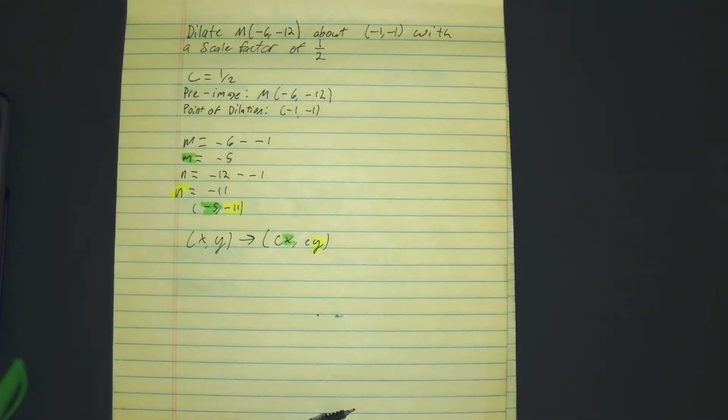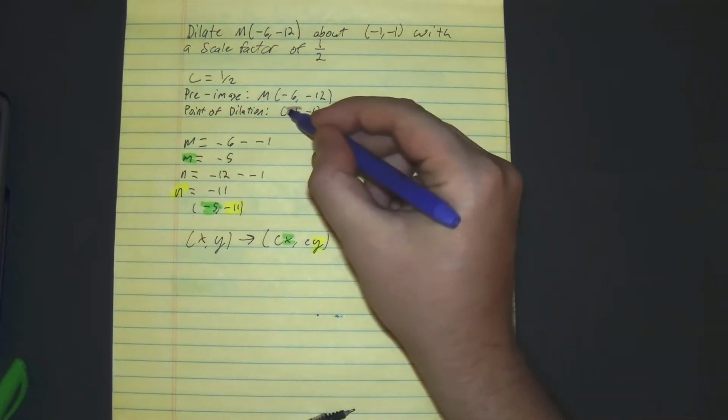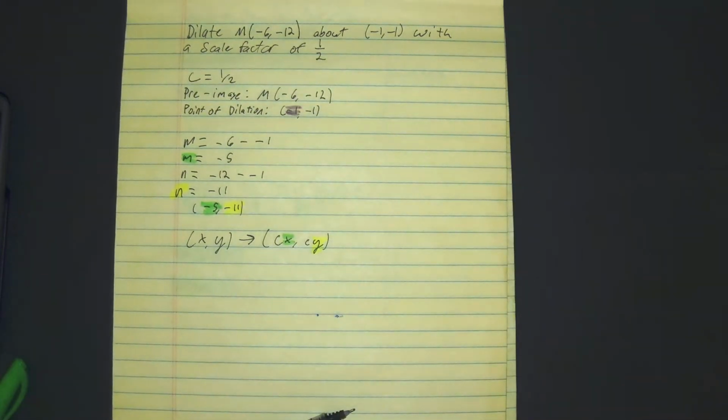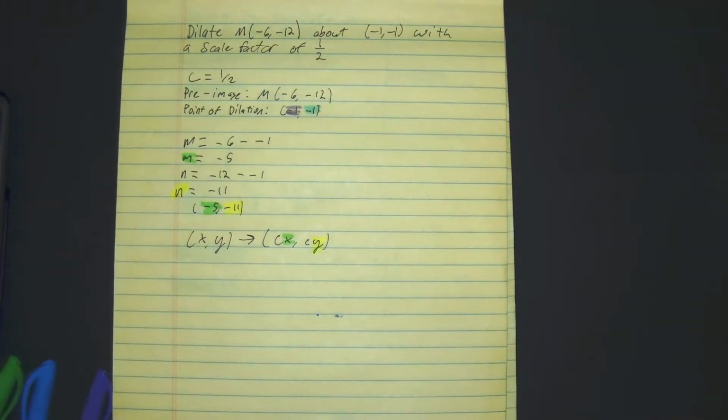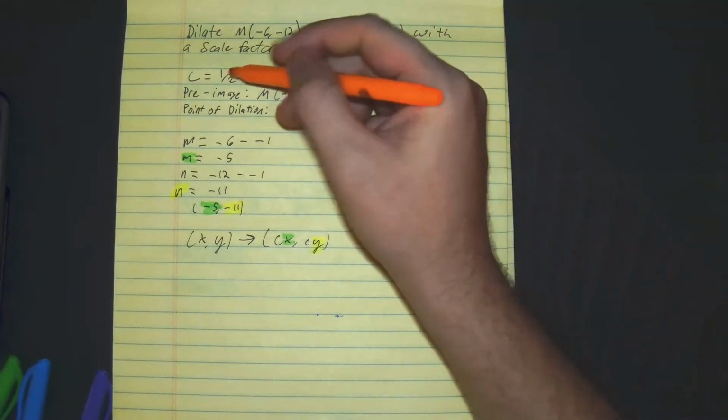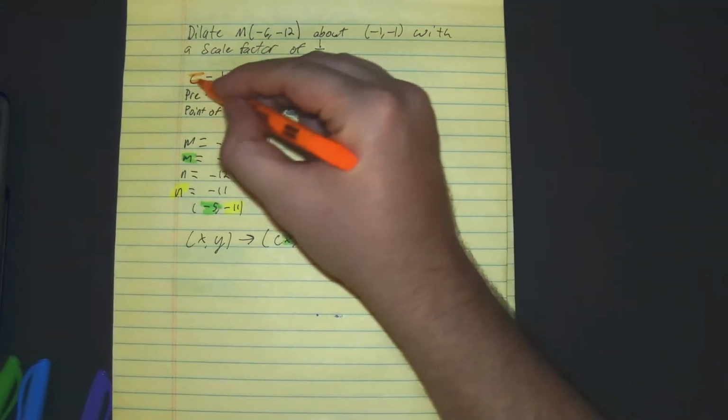And lastly, we do have to add the point of dilation to offset its distance from the center. And lastly, we do need to include the value of C.